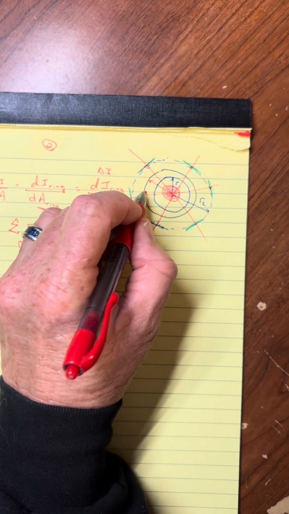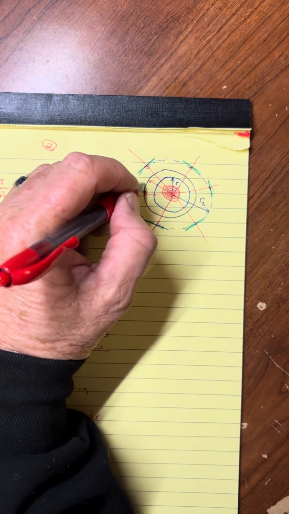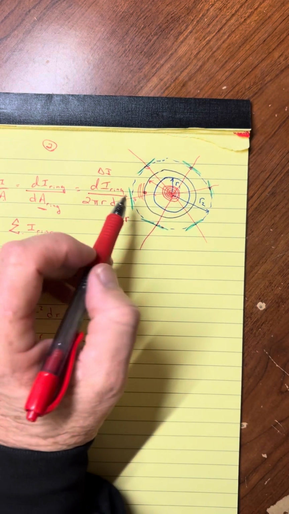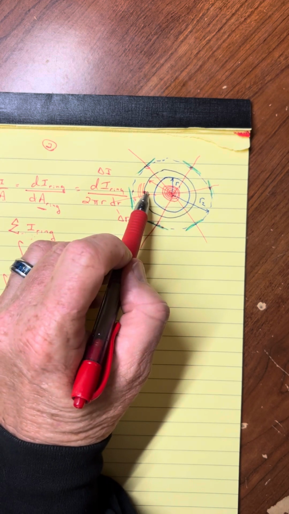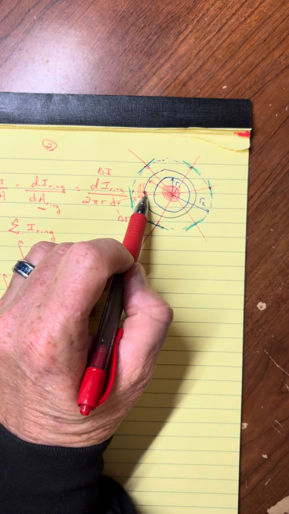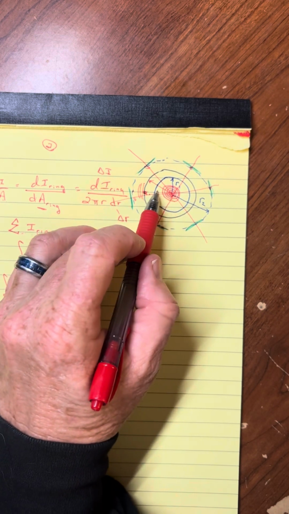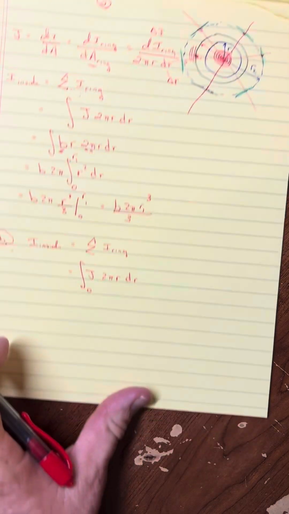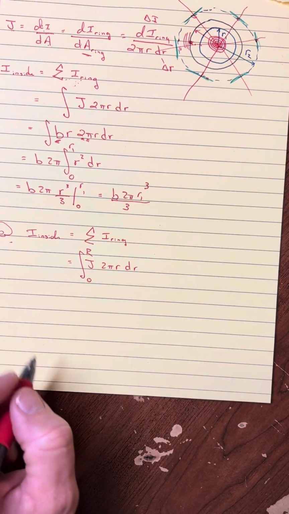I don't want to keep going all the way to the ambient loop, though, because there really isn't any current out past the wire itself. So in this case, I would stop at the boundary of the wire, not because I hit that first and ran out of current, whereas in A, I got to my ambient loop first. So this would be from 0 to capital R.